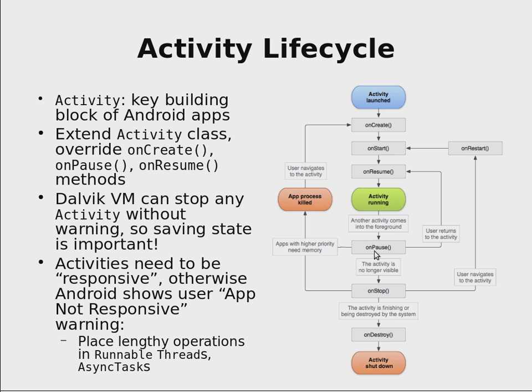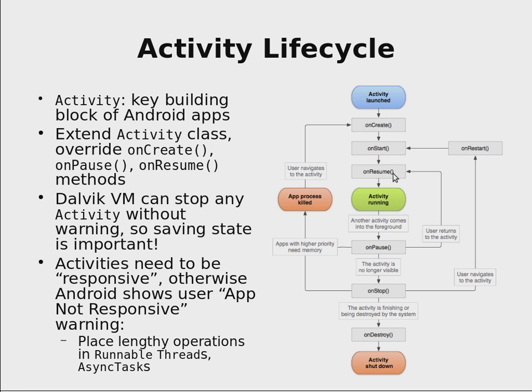Then this particular activity executes the onPause method, and then it goes to sleep. So it's not executed. It's put somewhere in a swap file or swapped out of memory for later execution. Then other things may happen, and when you go back to this activity, it goes through the onResume method.